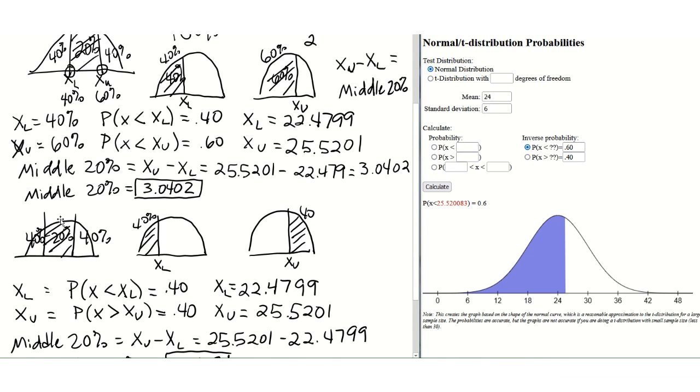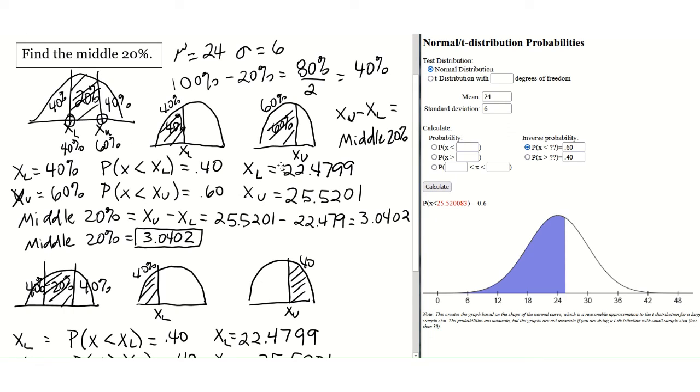If you have a middle portion, then what you're looking for is these two endpoints. You want your lower boundary and your upper boundary of where those percentages are.